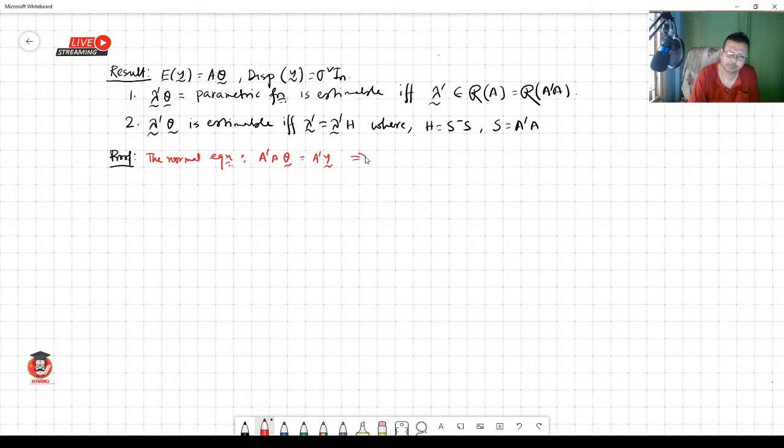Or this implies, I denote A prime A by S, so S theta curl equals A prime y curl, where S is equal to A prime A. I denote A prime y curl by q curl.